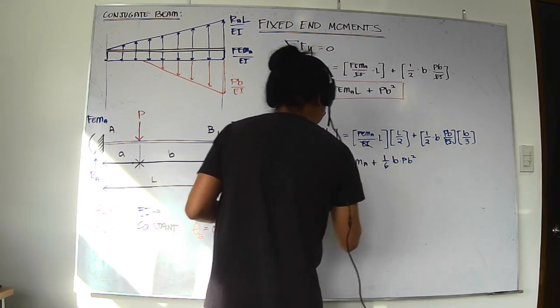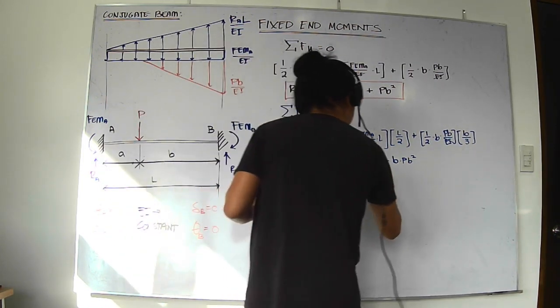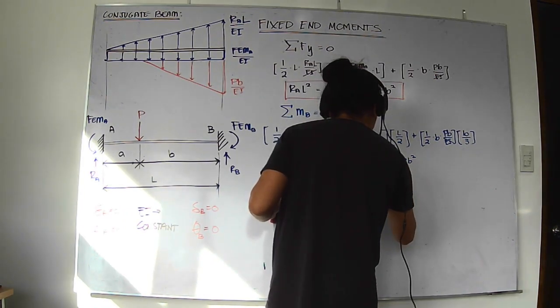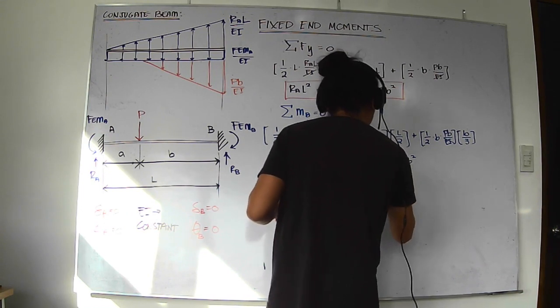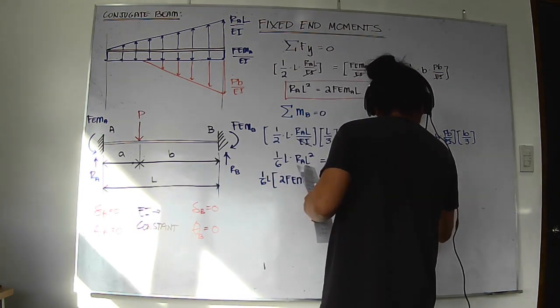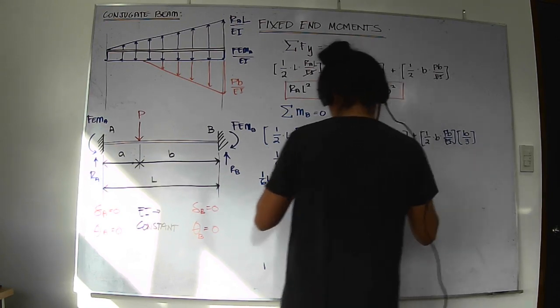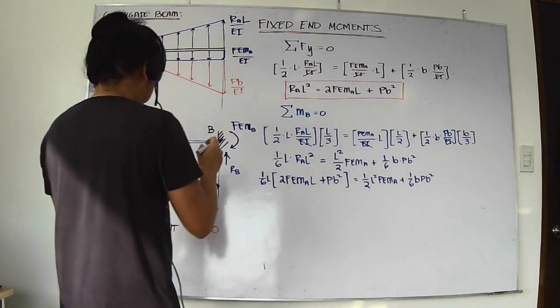We replace that with the term. Then we have 1/2 L squared FEMA plus 1/6 B PB squared. That's it.